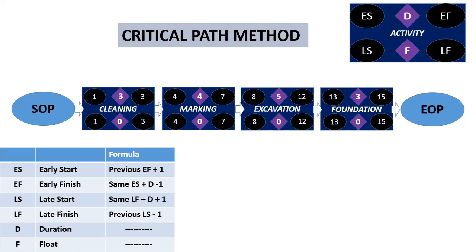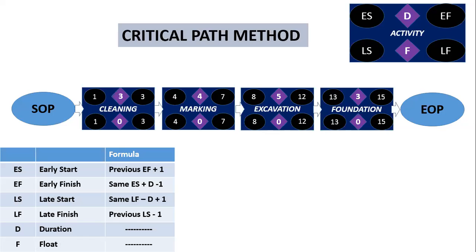Next, we need to calculate the early finish of the marking activity. What's the early finish? Same early start, that is the early start of the marking activity, which is the 4th day, right? Then 4 plus 4, the duration of marking being 4 days, is 8, minus 1, that is 7.